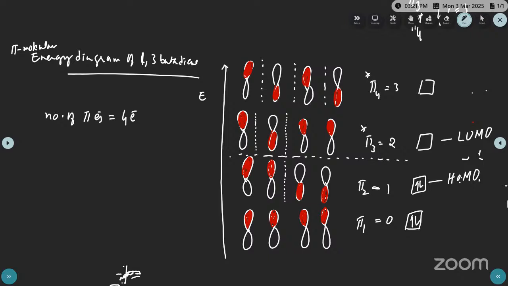These two are unoccupied molecular orbitals. In this, which is lower energy molecular orbital? So pi 3 is the lower energy molecular orbital. So this is called lowest unoccupied molecular orbital. So this is the HOMO. So HOMO is pi 2 and LUMO is pi 3.